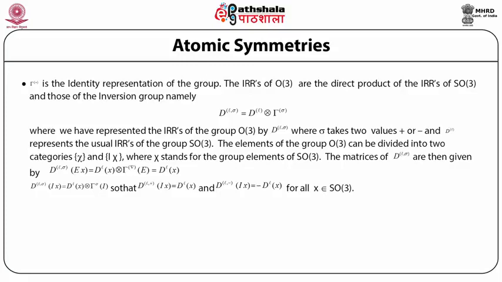The elements of the group O3 can be divided into two categories, say chi and I chi, where chi stands for the group elements of SO3.